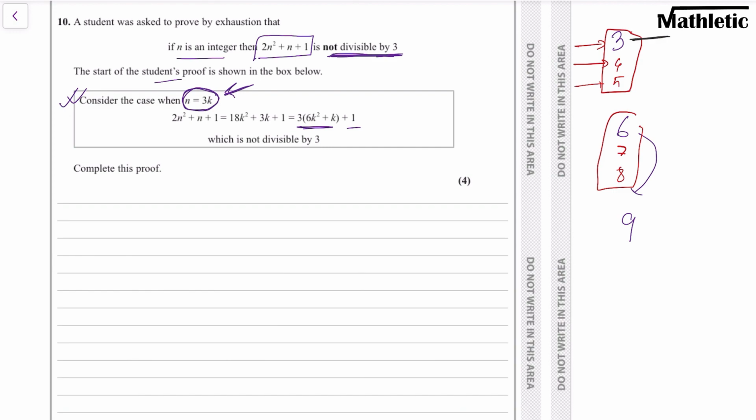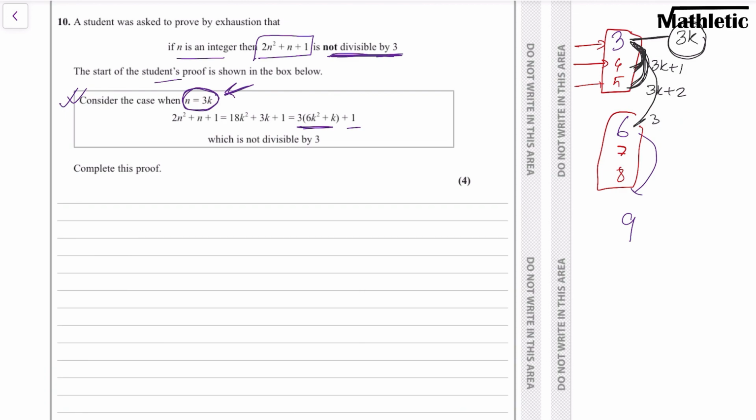This is a multiple of 3. So the next term, a multiple of 3 is expressed in terms of 3k. So the next term is actually 3k + 1, and after that 3k + 2. You do not need to go for this one because 3k + 3 will be the repetition. It's the same thing, a multiple of 3.